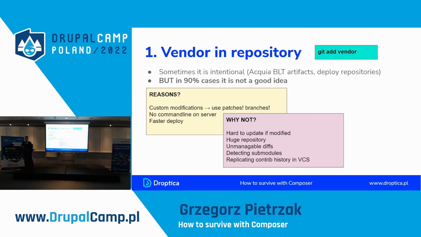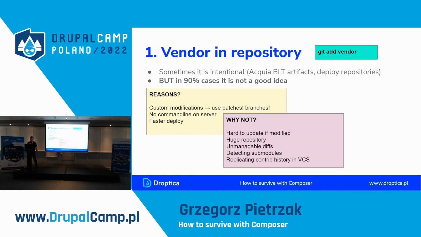So the first worst practice, which is everywhere and every time, is putting vendors, those packages downloaded from Composer, in repositories. Sometimes it's fully intentional, for example, if you have Composer-based deploys, if you use artifacts, if you have such production infrastructure, but mostly this is caused by lack of knowledge or by some external factors.